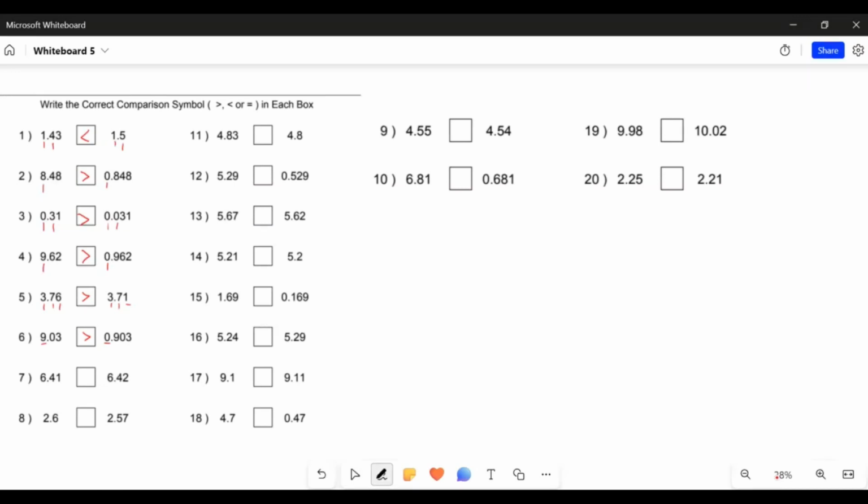For number 7, 6 is the same, 4 is the same, then we have a 1 and a 2. The 2 is bigger, so we put a less than sign.